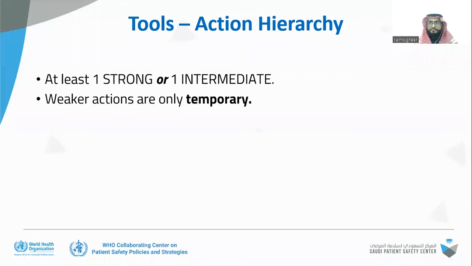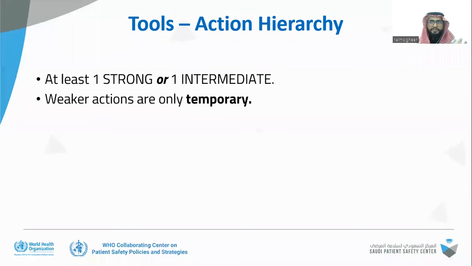For the RCA investigation, they should identify at least one stronger or intermediate strength action for each RCA review. In some cases, it may be necessary to recommend actions classified as weaker actions in the action hierarchy for temporary measures until stronger actions or intermediate actions can be implemented.